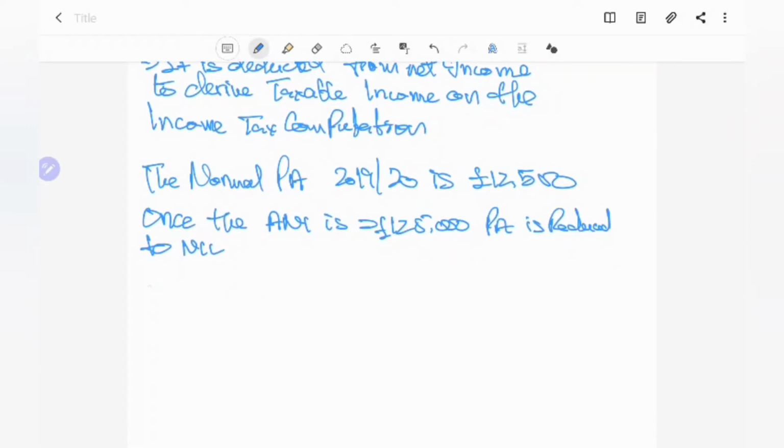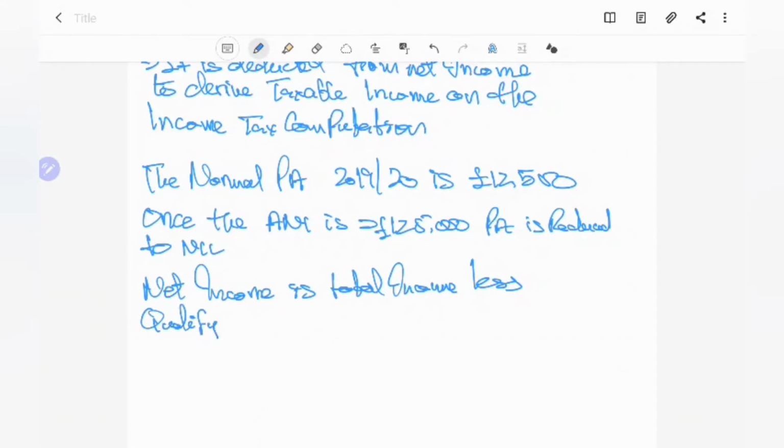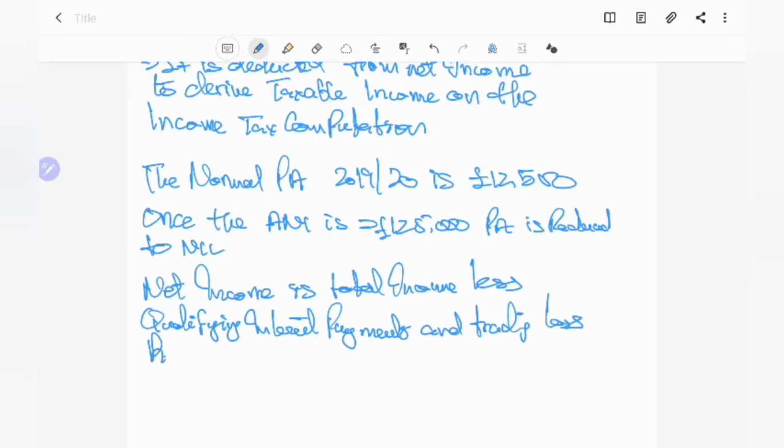Net income is total income less qualifying interest payments and trading loss relief.